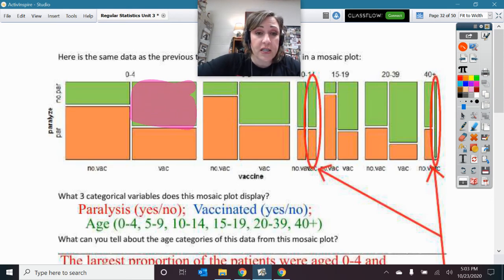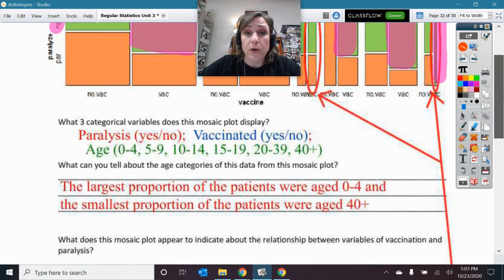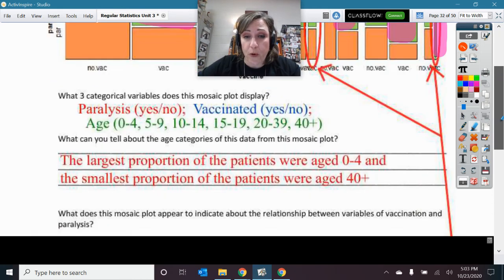In every age group, except for 10 to 14-year-olds, the vaccinated green section, which is the non-paralyzed, is larger. In the 10 to 14-year-olds it was the same. So the vaccine had a lower paralysis rate, and higher no paralysis.